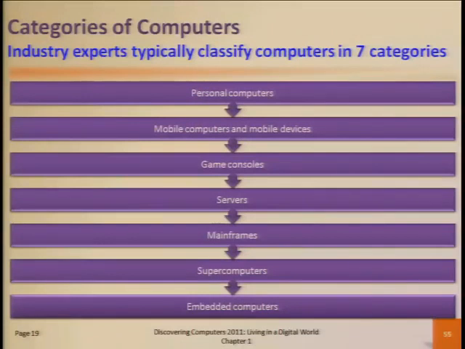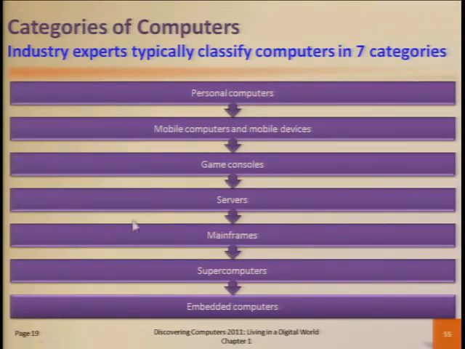Right, next we move on to another big topic, the categories of computers. I think up to now, the whole world must have thousands or millions of different types of computers. So for discussion and presentation, computer experts normally classify all these computers into 7 categories.